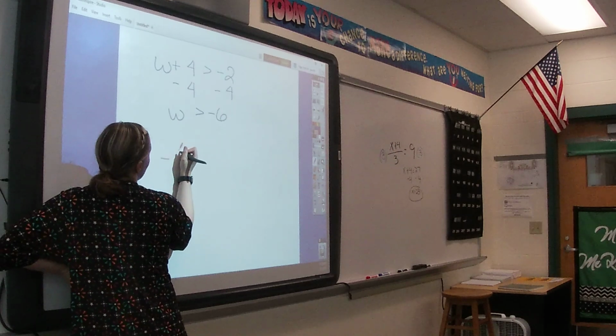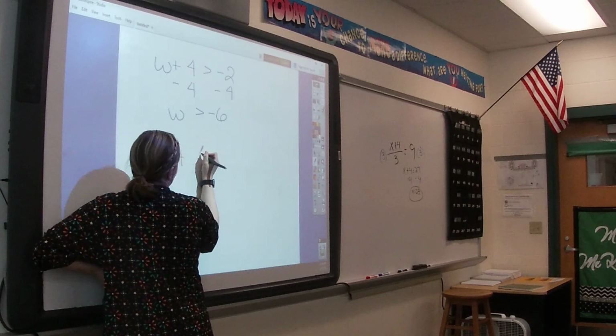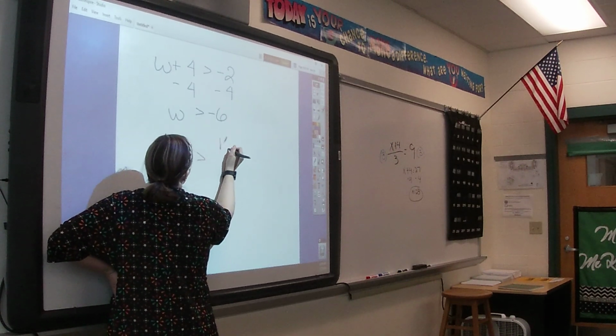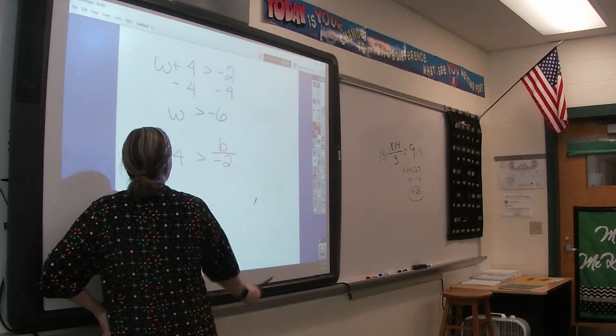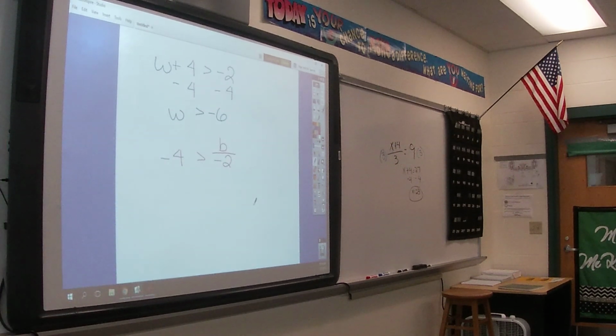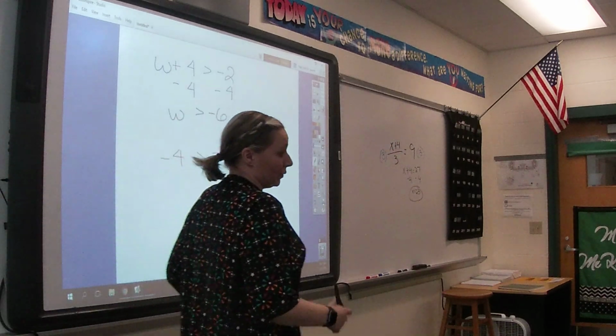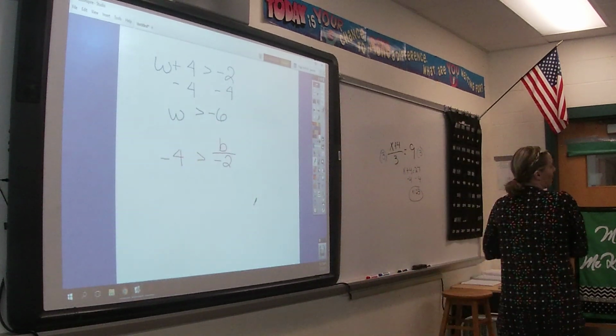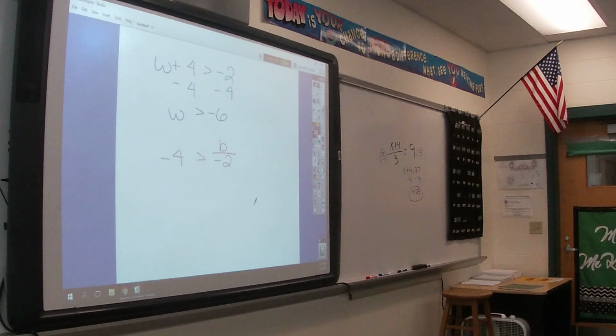Here's where it can start to be a little bit frustrating. Negative 4 is greater than b over negative 2. How do I undo dividing by negative 2?